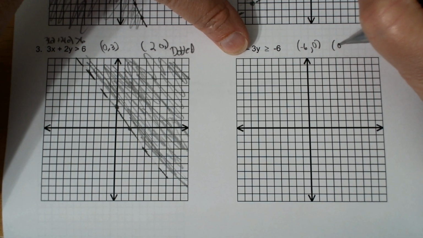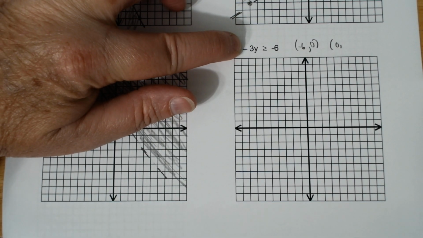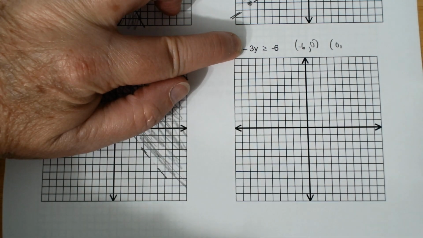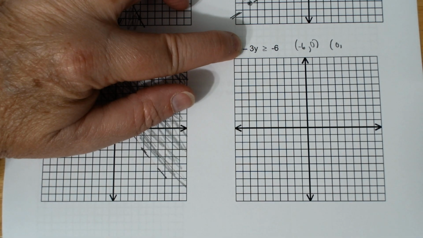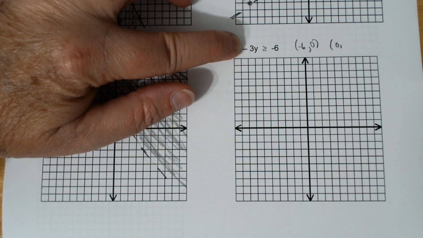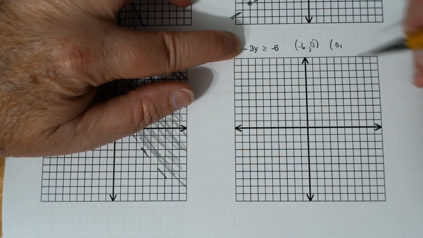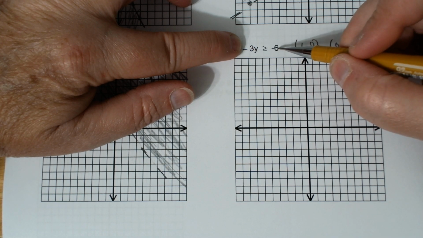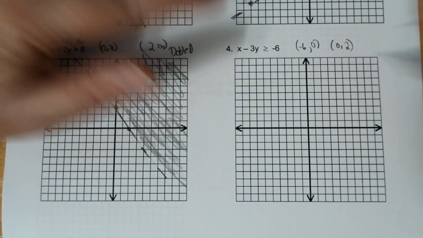When x is 0, you have negative 3y is greater than or equal to negative 6. I do it as an equality to graph, and then change it back into an inequality. So if I have negative 3y equal to negative 6, then y is 2.